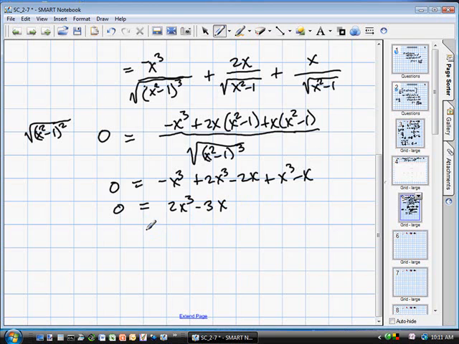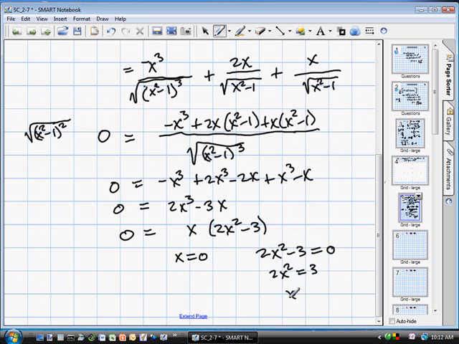Can't I just factor an x out of that? And then set each factor equal to 0. And then this one we already know, nothing to solve there. Here, x equals what?